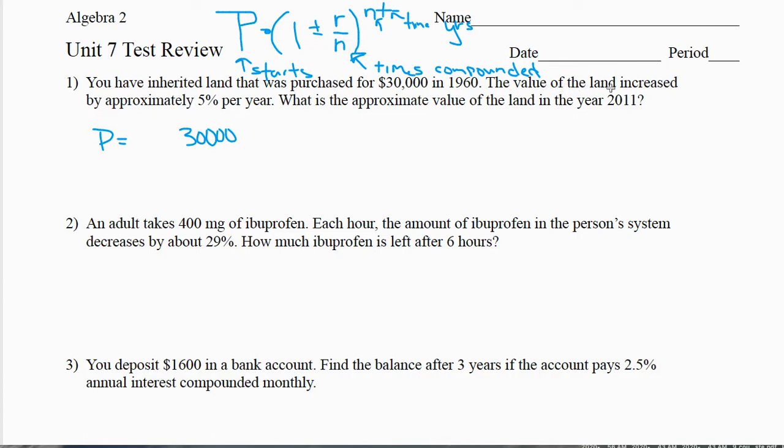The value of the land increased. So because it's increased, it's going to be a plus, by approximately 5% each year. So that's going to be our rate. And remember, we changed that to a decimal by dividing by 100. I, as everyone knows, like to call it booty cheeking it to the left 2 places.